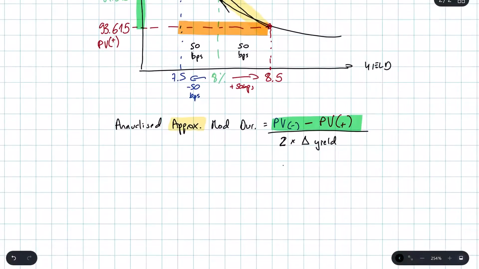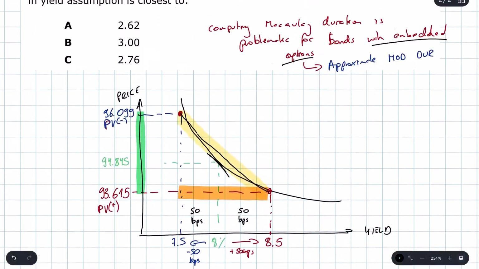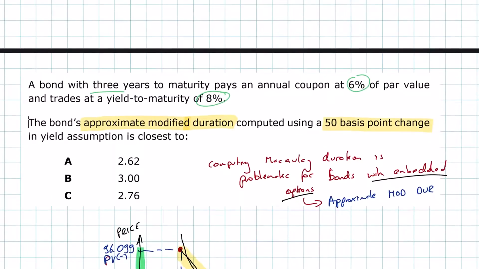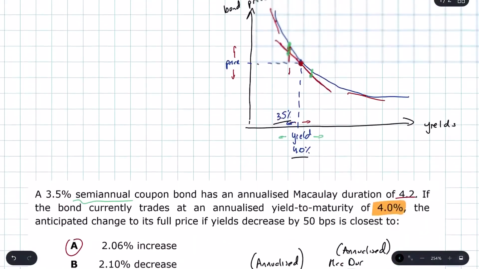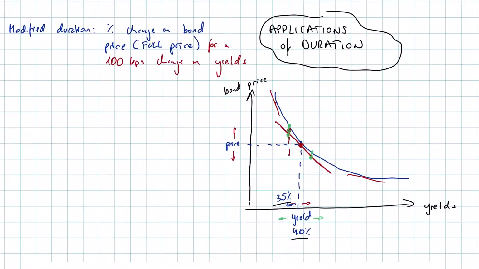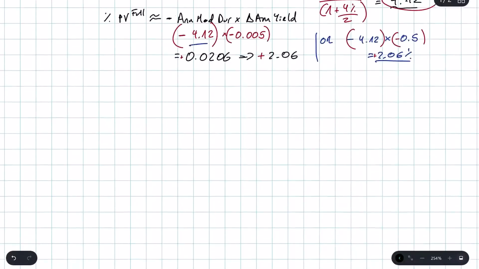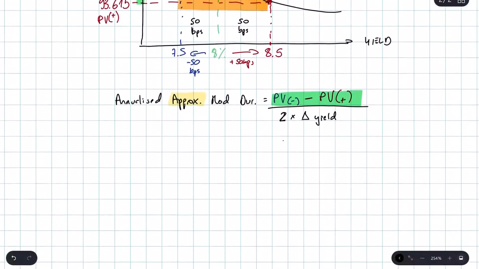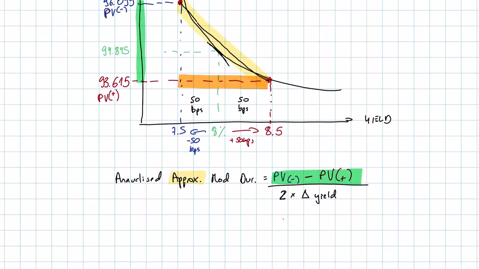And, because we are doing, after all, some form of modified duration, approximate or other, we are thinking about the percentage change in bond price. So we have to relate everything to the starting bond price, which was our PV0 over here.